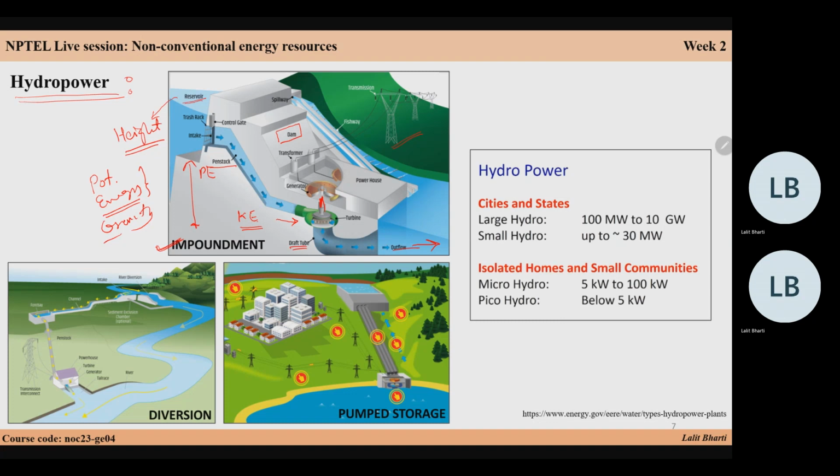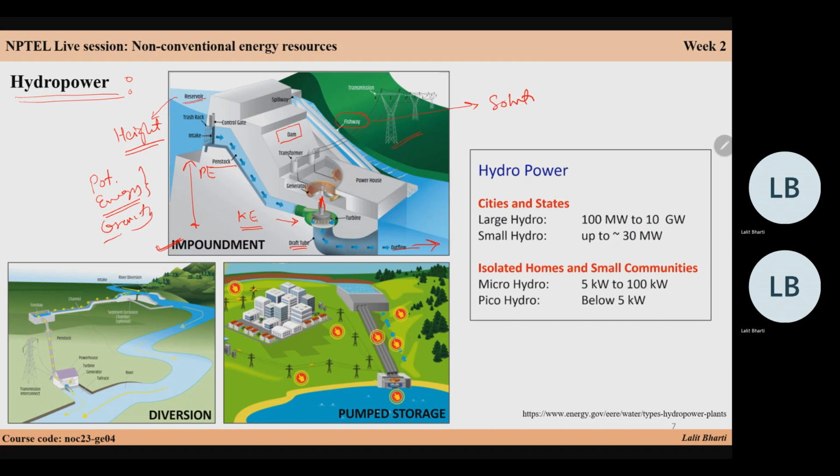So just to improve the marine life, or just to mitigate the adverse effects of this dam construction, a few things can be done, like a fish ladder can be made.